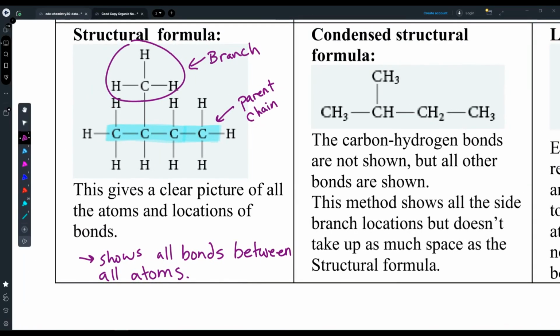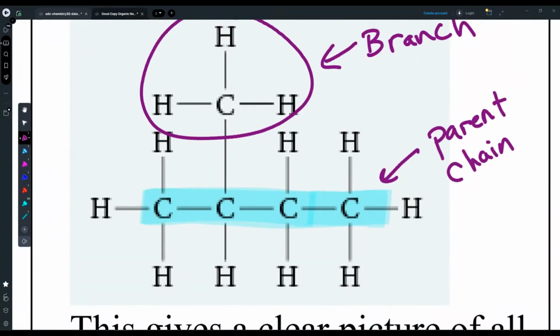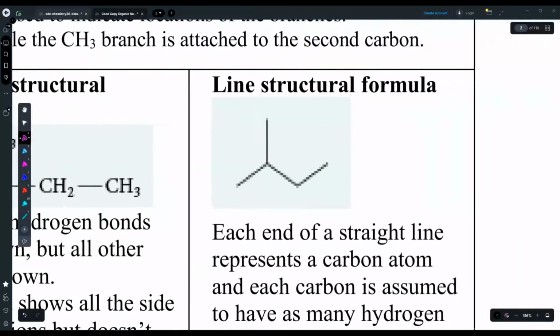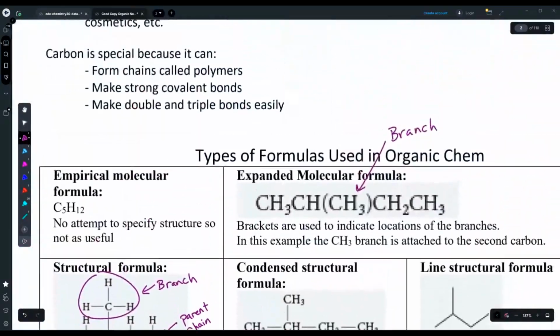So something I want to look at before we move on to condensed structural formula is notice how each carbon atom forms 4 bonds. And that's really important to know, especially when we're moving into condensed structural formula and line structural formulas. So let's make a note about that.